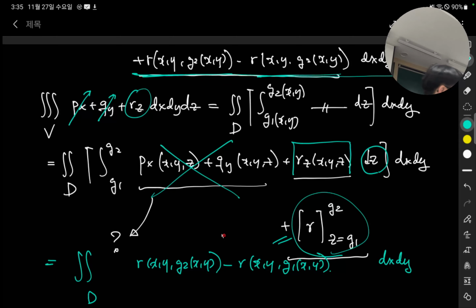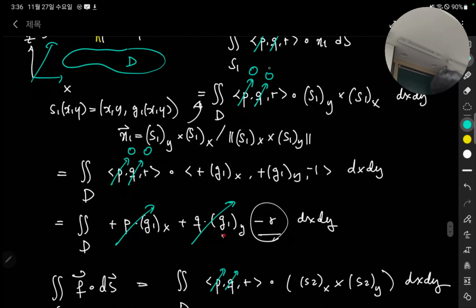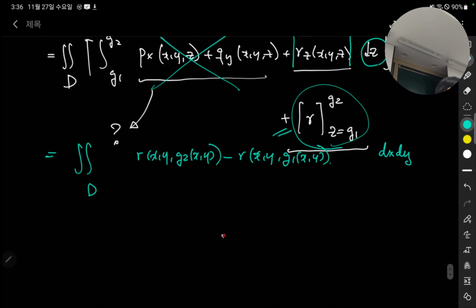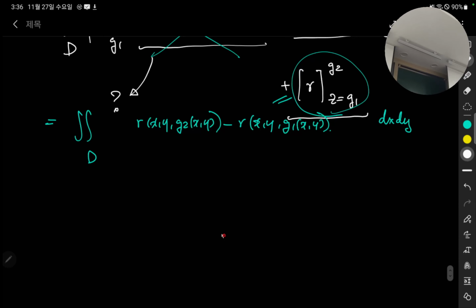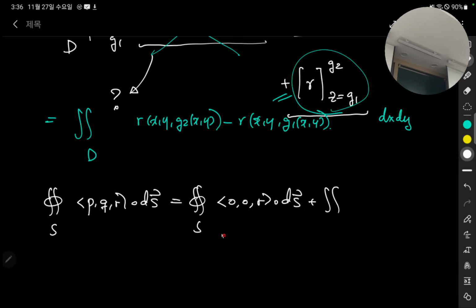You might wonder, okay, that's only when you have assumed that PQ is 0. The fact is you can split your surface integration of PQR into three pieces: first, integration over 0, 0R, and second, 0Q0, and third, P00 dS.